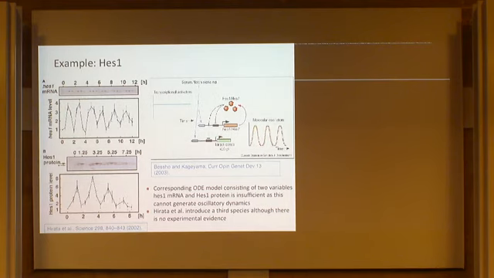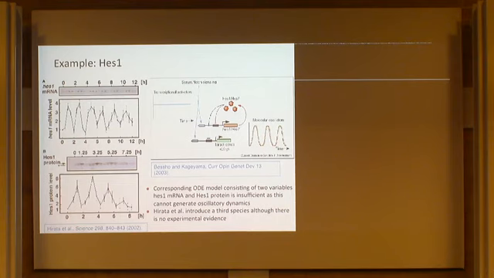In 2006, we applied our DSSA algorithm to the following example. So that's HES1, a delta notch signaling molecule. HES1 is a negative autoregulator. Previously, it had been reported from experiments in mice that HES1 mRNA and HES1 protein levels oscillate with a 2-hour cycle.